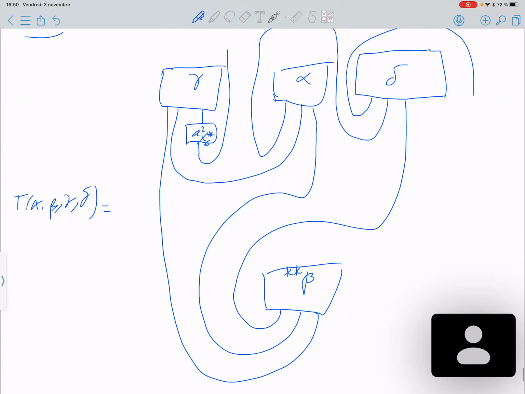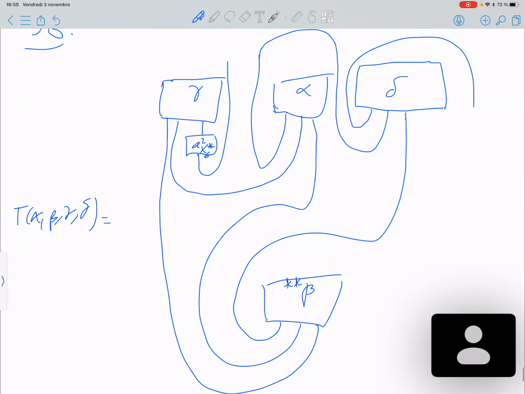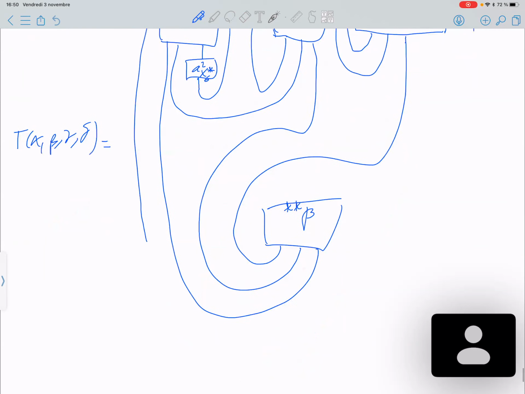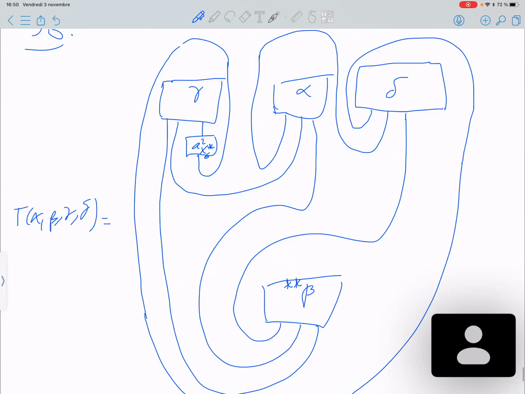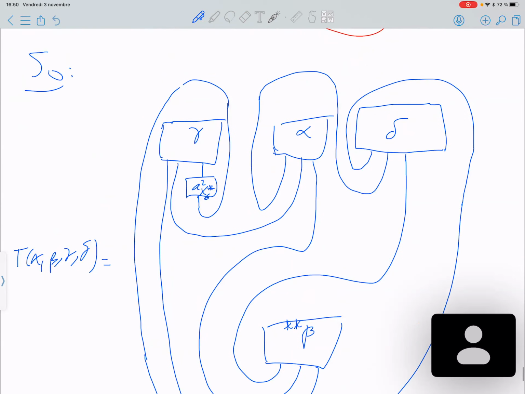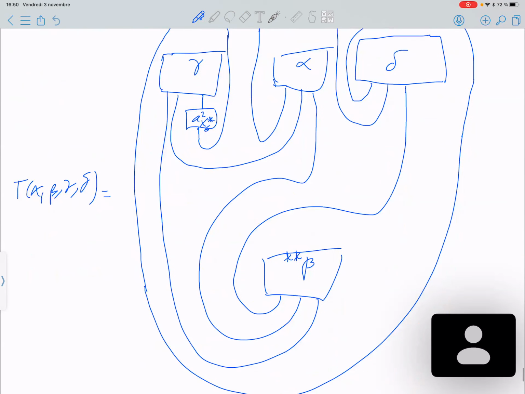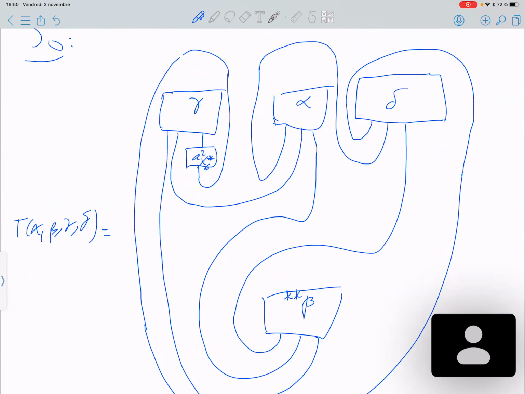And I am almost done. We need just to draw the last. Okay. So I hope the picture is understandable, but it should be improved to be more clean. So you should go to the paper.